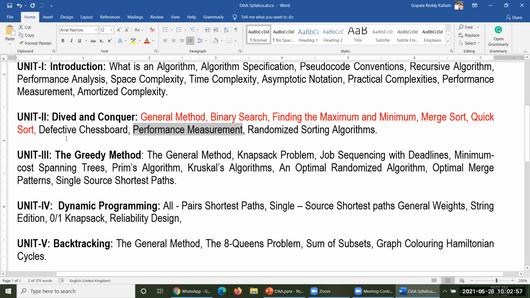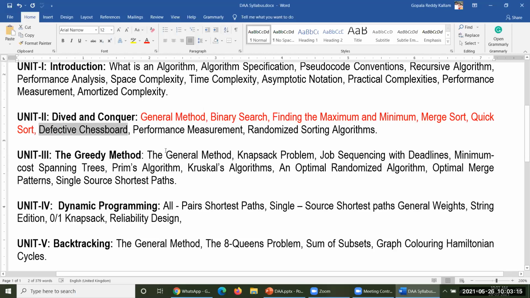Today I'd like to complete the defective chessboard problem. What is this problem, how can it be solved, and are there any uses of this problem? These are the three points we'd like to concentrate on.